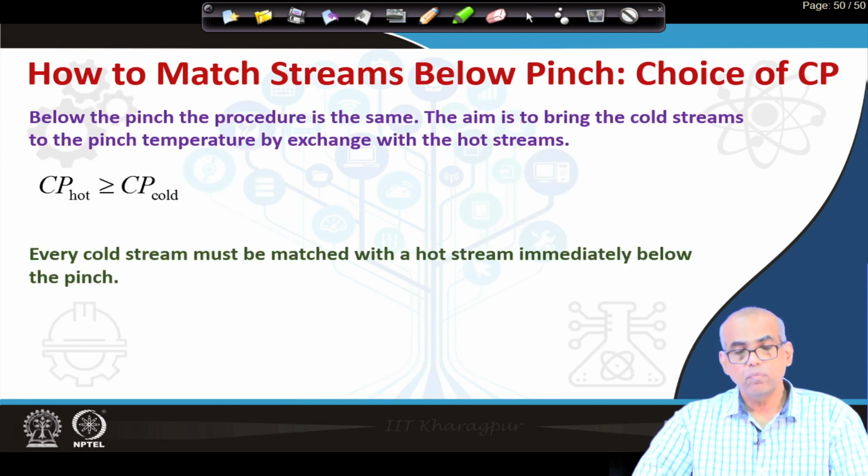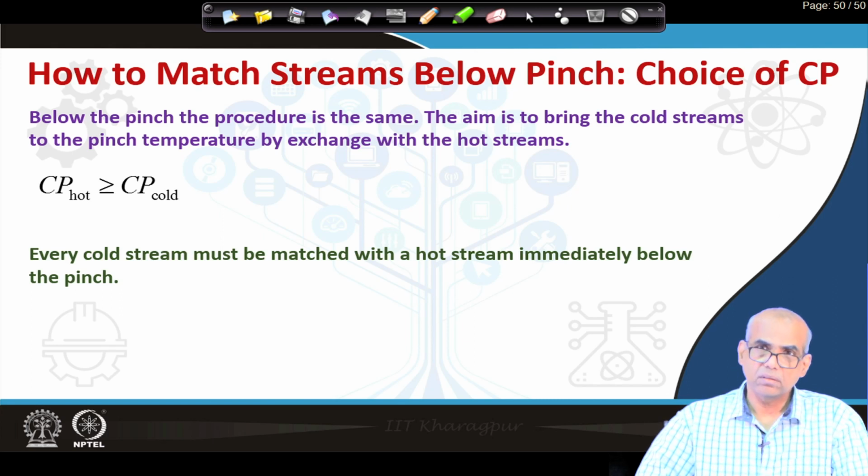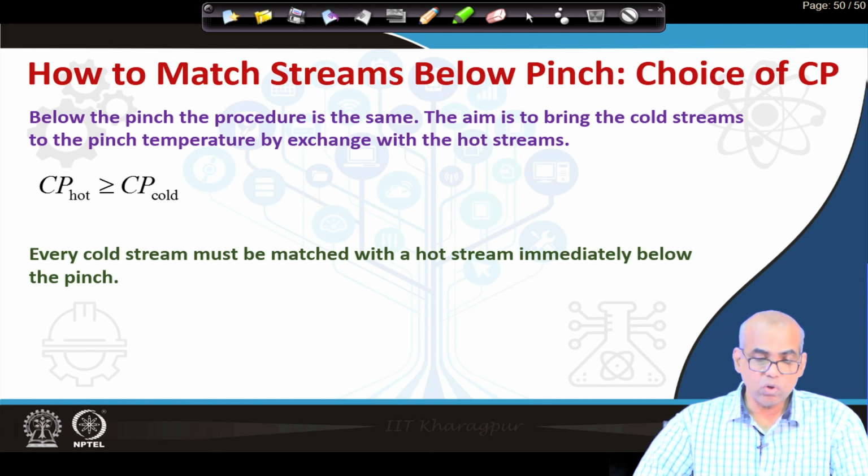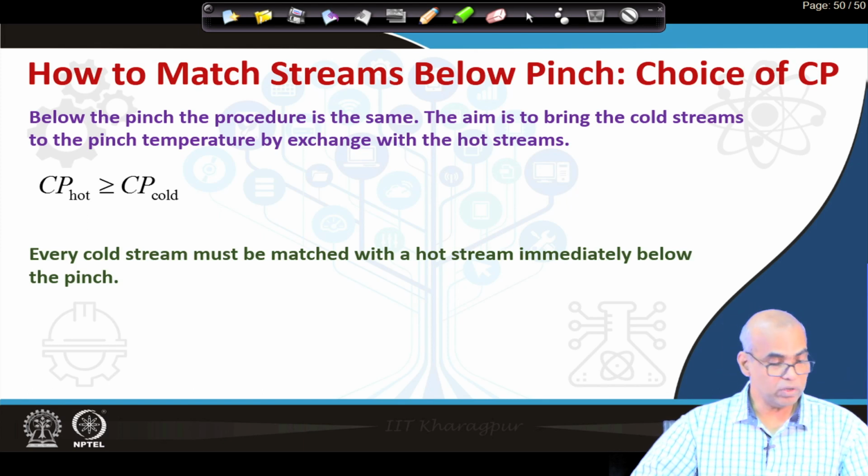Now, for the region below the pinch, we will have the same considerations. Here in the region below the pinch, our aim will be to bring the cold streams to the pinch temperature by exchange with hot streams. And here the criterion will be that the Cp value of the hot stream should be greater than or equal to the Cp value of the cold streams. That will give the feasible match.